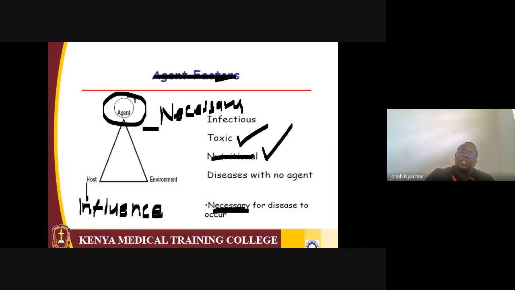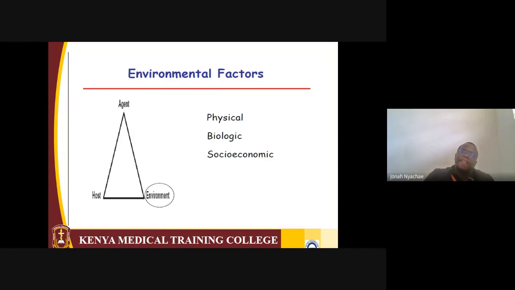Exposure to toxins, and also whether the agent is infectious. They are necessary. The agent has to be infectious for it to cause a disease. It has to be toxic. It may be transmitted through nutrition. And you have to note that some diseases also do not have an agent. So basically, we're talking about factors which are necessary. That is the key word.